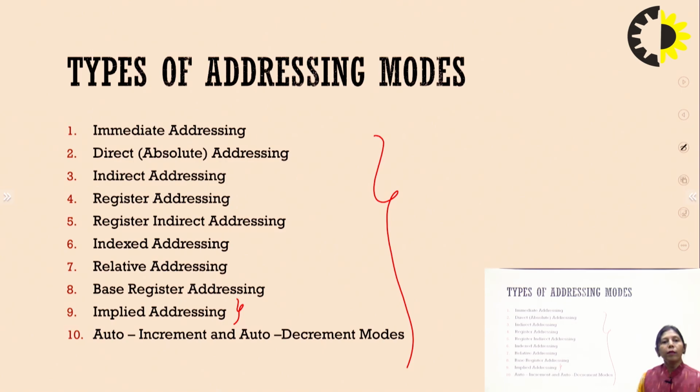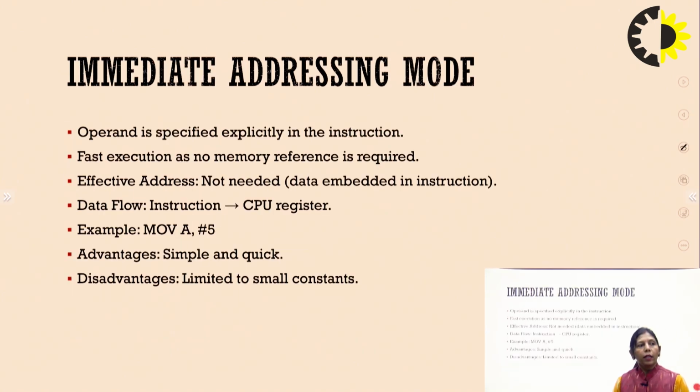Moreover, many a time the register value is driven by the initial value of the effective address. Once the effective address is calculated, the register value can move downwards or upwards. That's the case of auto increment and auto decrement mode. We will see it in the coming slides.